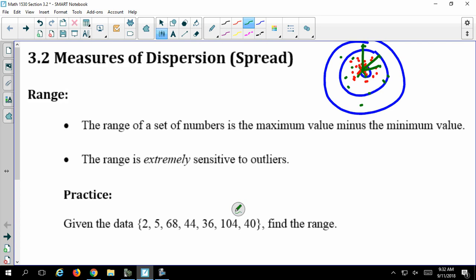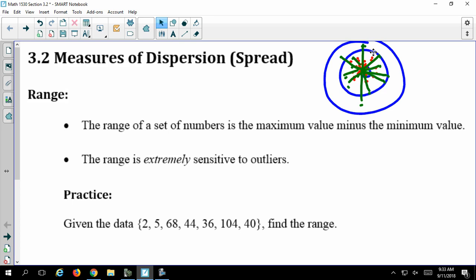If we measure all these distances to the middle and then compute the average distance of all the points to the middle, that'll give us some measurement of how spread out the data is. Okay, we won't compute an exact average, but that's what we're getting at. We're going to try to get something close to that.